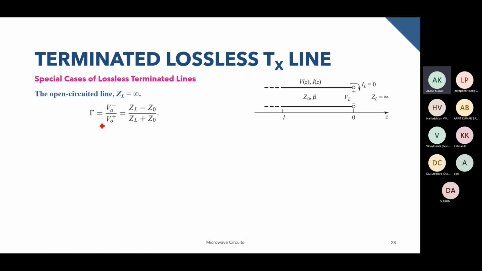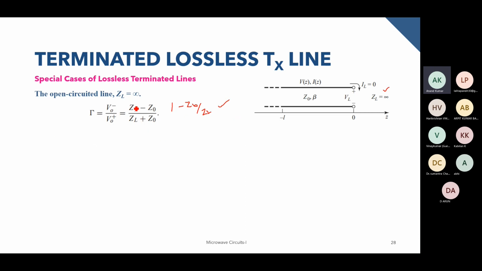Now, doing a similar treatment for ZL equals infinite. What if this ZL was open circuited? Again, we'll put the value of ZL equal to infinite in this expression. Since you cannot directly put it, what we'll do is multiply and divide by ZL and write this as 1 minus Z naught by ZL, and then take the limit. So you know the steps.